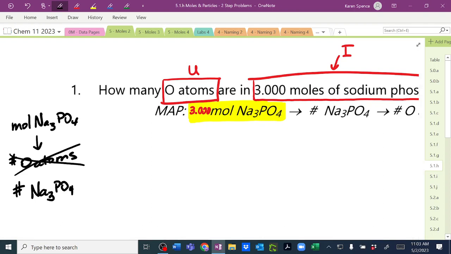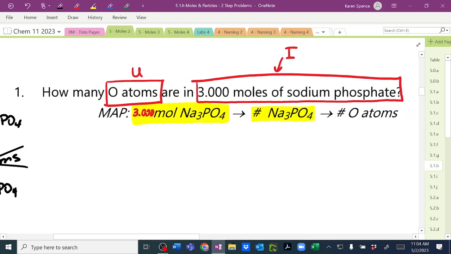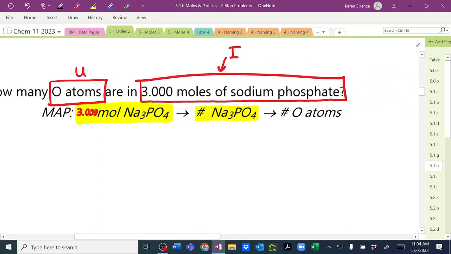I could go from 3 dozen bicycles to 36 bicycles, but I would have to go an extra step if I wanted to know how many wheels there were, right? And multiply by 2. So we can go from moles of Na3PO4 to number of Na3PO4, and from there we can use the particle ratio to go to the number of oxygen atoms. So here, from moles to particles, this is Avogadro's number.